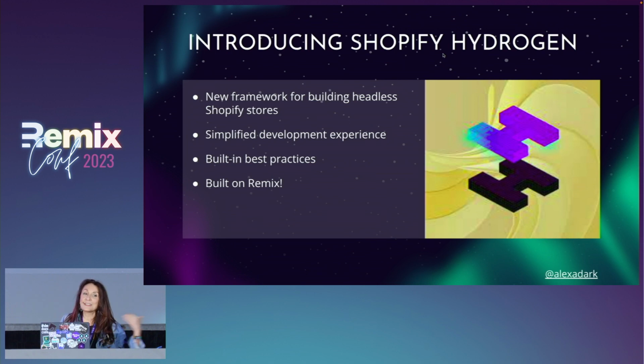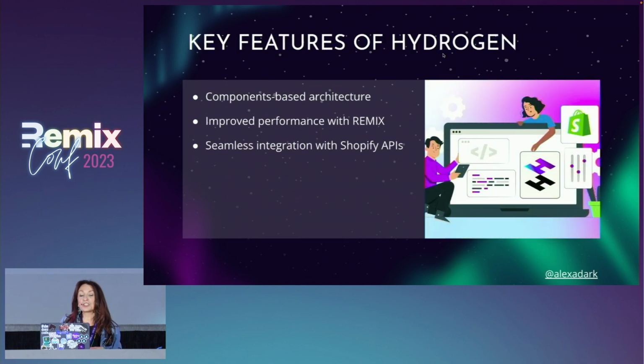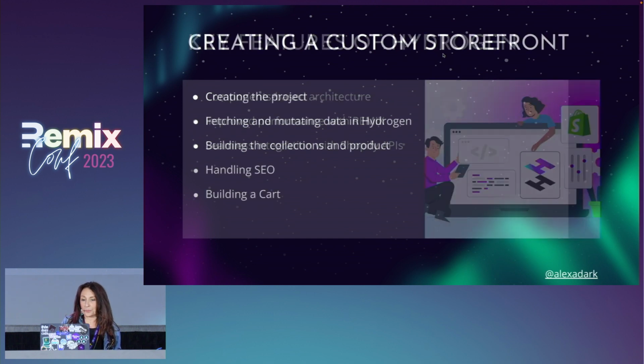It comes with built-in best practices, and best of all, it is built on Remix. So if you know Remix, perhaps some of you don't know Remix, I don't know, but if you know Remix, you really will feel at home in Hydrogen. If you take the docs, you can be up and running in one day, really. Hydrogen offers a component-based architecture. It leverages Remix to improve performance, and it offers seamless integration with Shopify APIs.